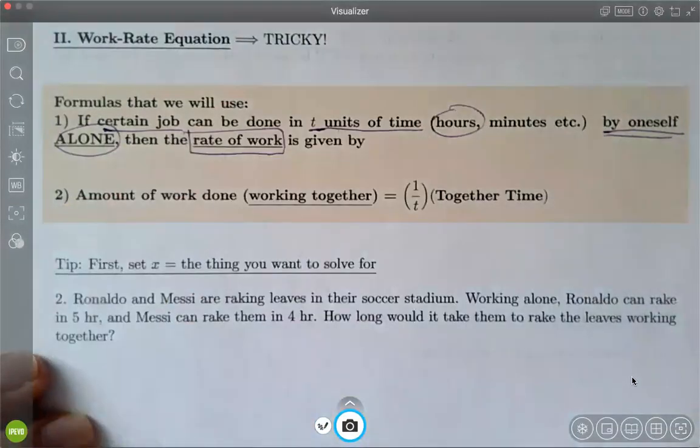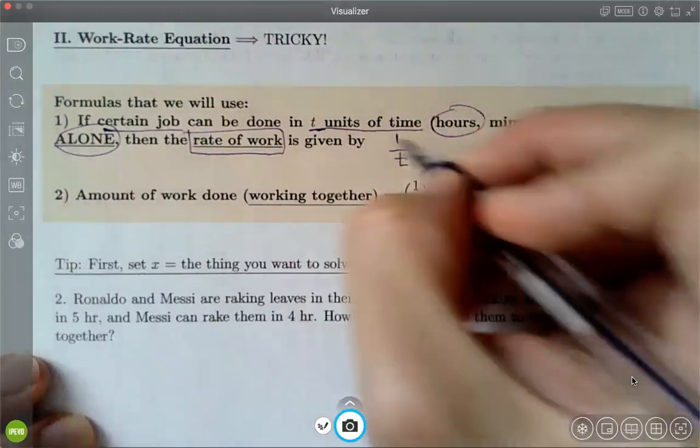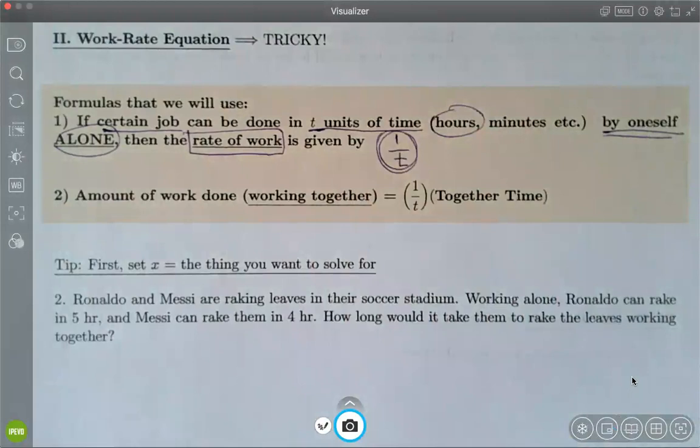The speed, right? Rate of work is given by 1/t. Okay, so what does that mean? You take the so-called reciprocal of t to get the rate of work by one person.